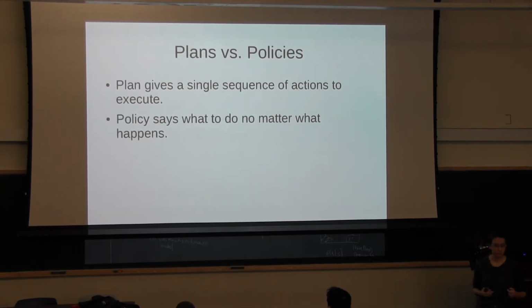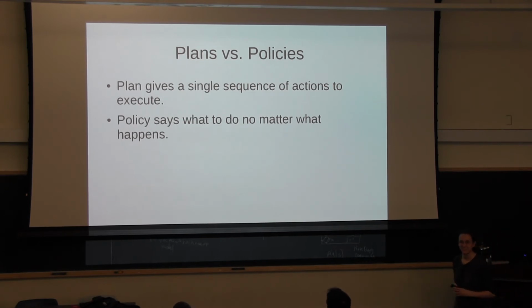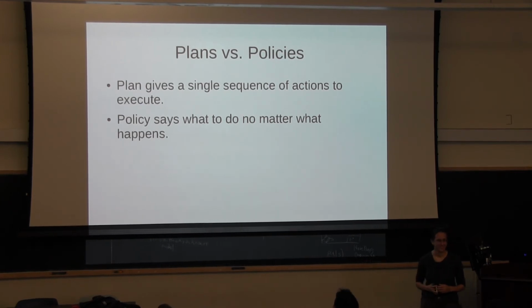And we talked about plans versus policies. This was like minimax and alpha-beta pruning. We played tic-tac-toe in class. So what's a plan? What's a policy? When might you want a plan and when might you want a policy?